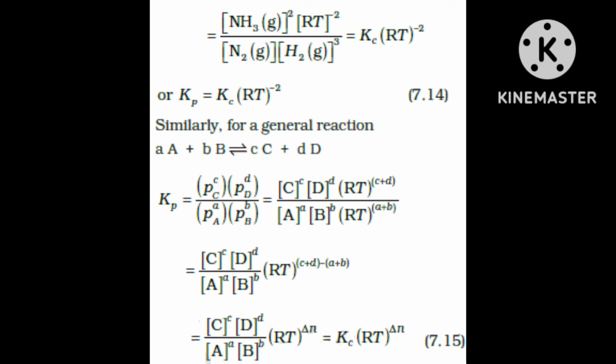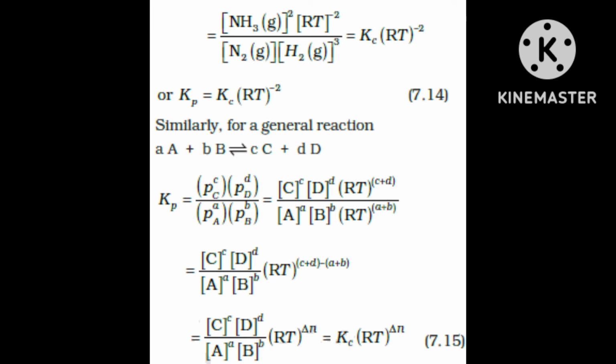Then for this reaction, how are Kp and Kc related? Same as in the case of HI or NH3, in general we can write Kp is equal to Kc into RT in bracket, power product minus reactant, P minus R, where P means number of moles of product and R means number of moles of reactant.